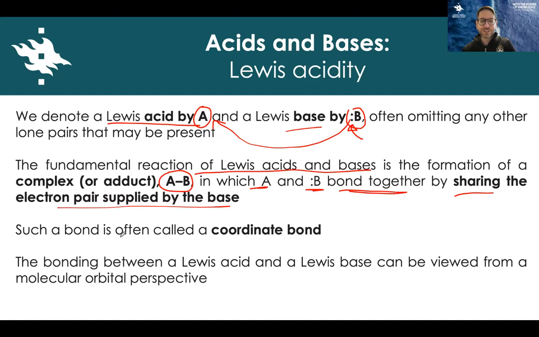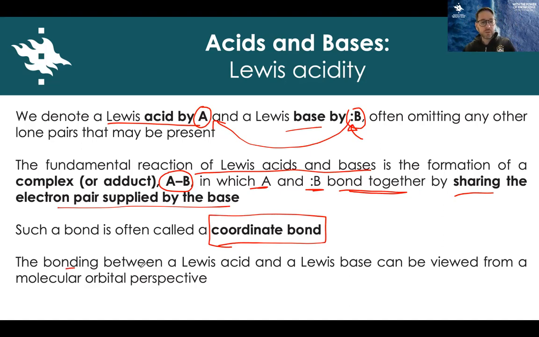Such a bond, or such a fundamental reaction, generates this AB entity, and such a bond is often called a coordinate bond between these acid and base, in this Lewis acid and Lewis base species.